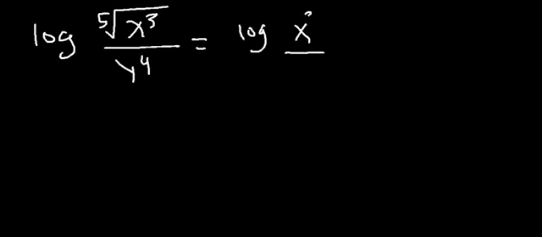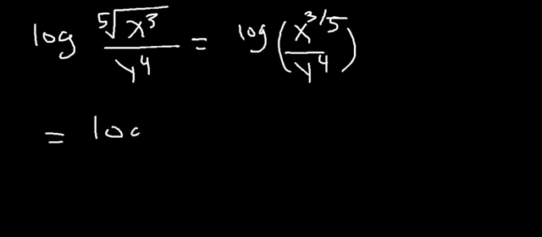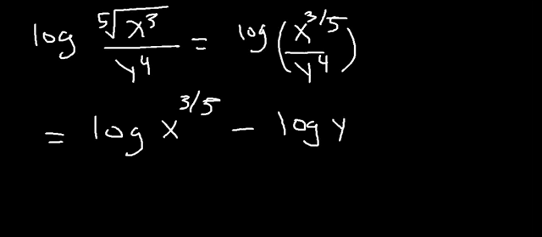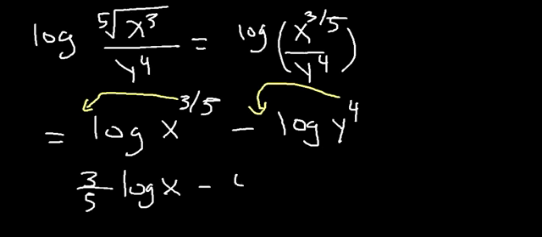This is the same as x to the 3/5 and then y to the 4th. So let's expand it. So now it's log x to the 3/5 because that's on top. The y is on the bottom, so minus log y to the 4th. Then move the exponents to the front. So 3/5 log x minus 4 log y. That's it.